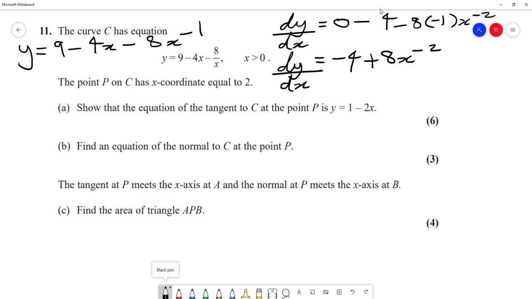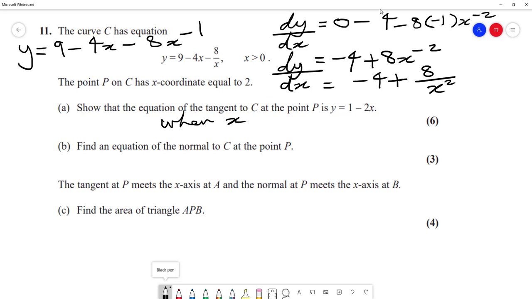But because we want to work out the gradient of the tangent at this particular point when x equals 2, what we want to do is rewrite this in a nice form, which is minus 4 plus 8 over x squared. It will enable us to do the calculation quite easily.